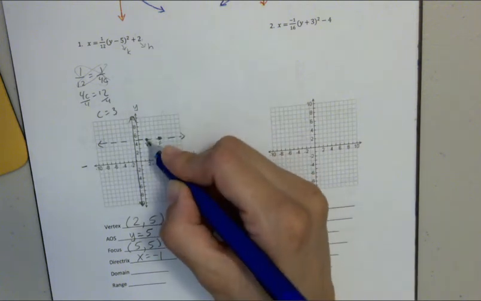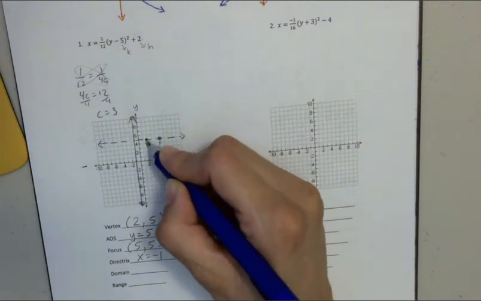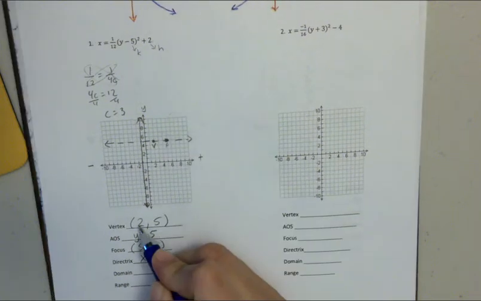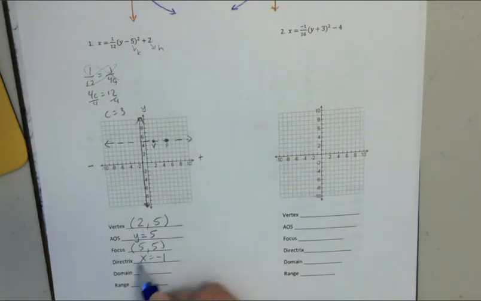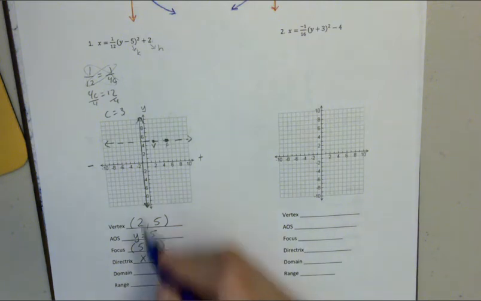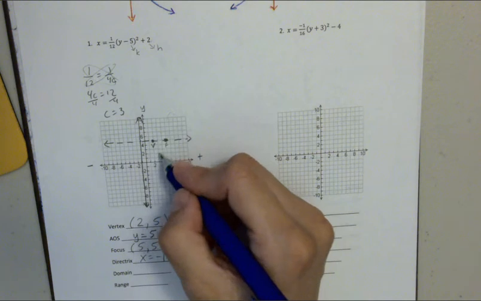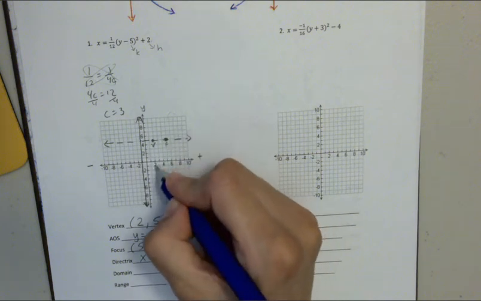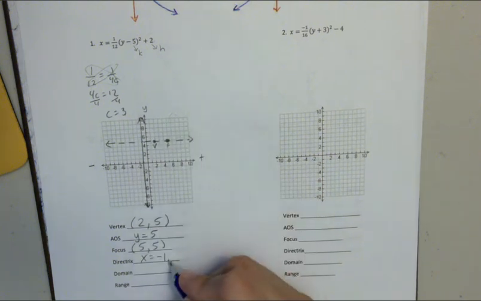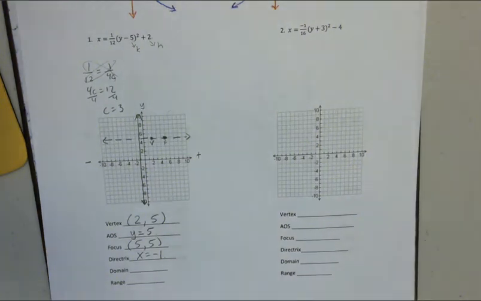So to find the focus, you could add 3 units to the x value. So 2 plus 3 gives you 5. So that's where I'm getting (5, 5). And same thing here. You're going along the x, so we could subtract 3 units from the x value. So 2 minus 3 is how I'm getting -1. So you can also do it mathematically.